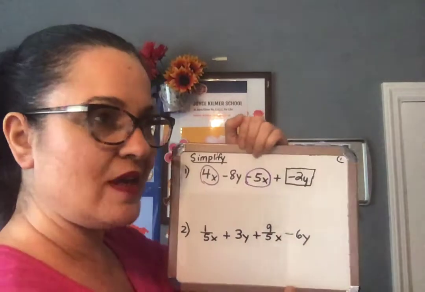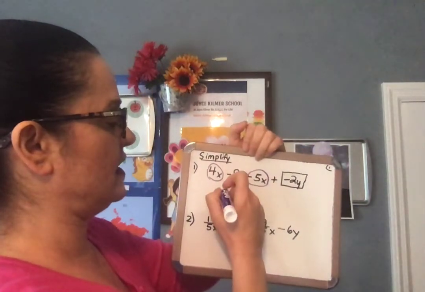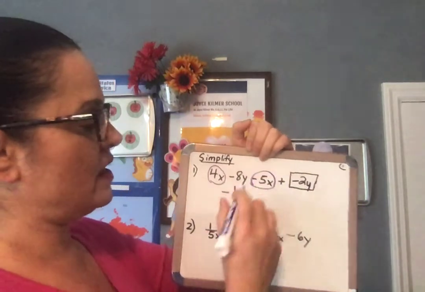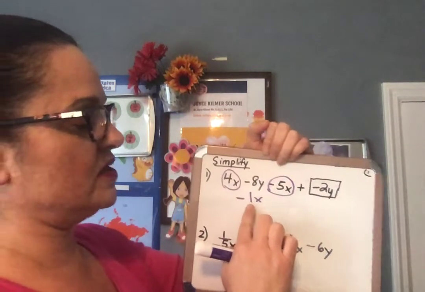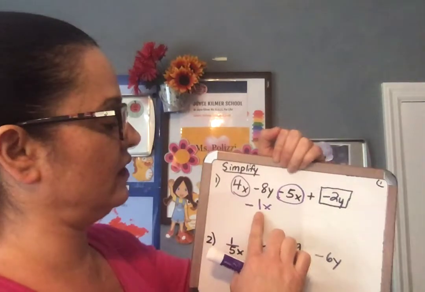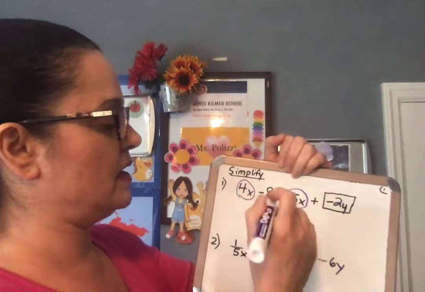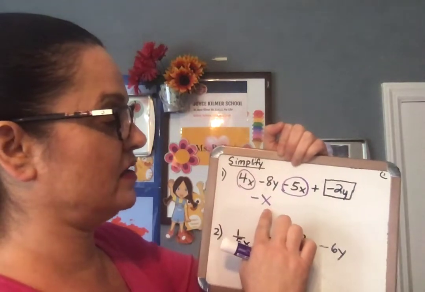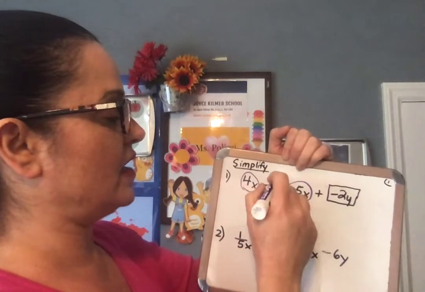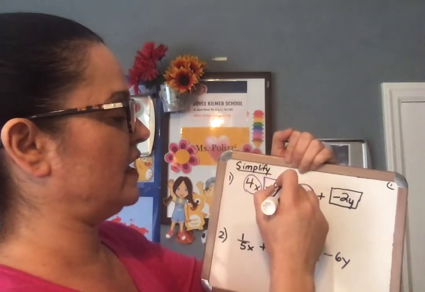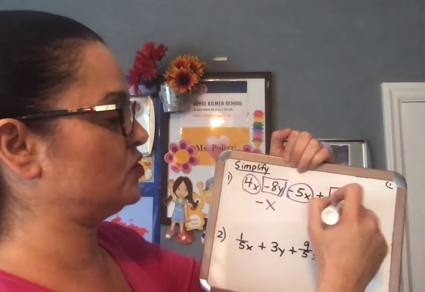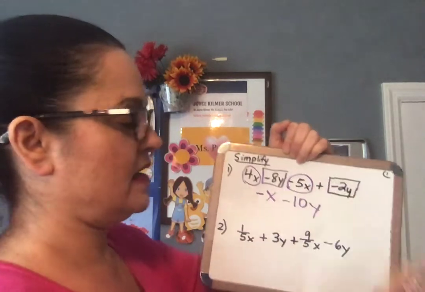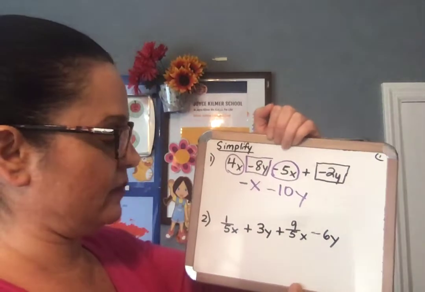Well, 4 take away 5 is negative 1x, but we know that there's always an invisible 1 in front of a variable, so we would just put negative x because that means negative 1x. Okay, then we have negative 8y plus negative 2y is negative 10y, and that's how we would simplify that.